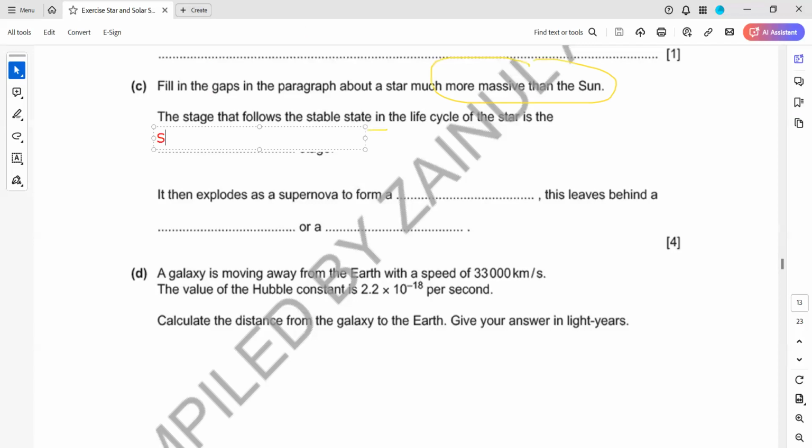They will turn into supergiants. When we have a main sequence star, you can say red supergiant, or you can also say supergiant.